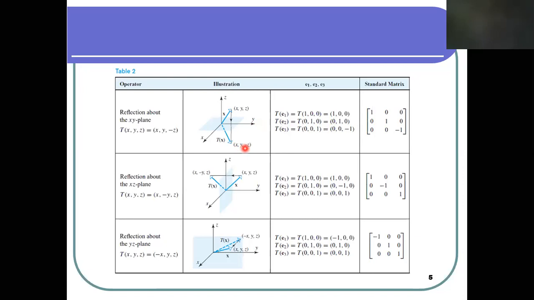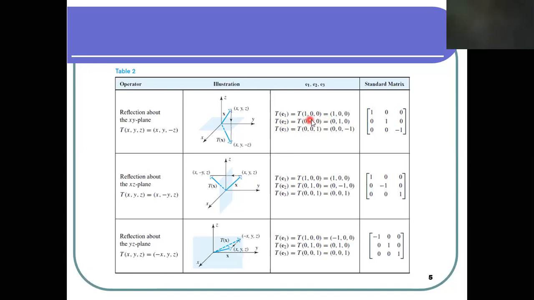In that case, we are discussing reflection in the xy plane, so our transformation T is a transformation from R3 to R3. The standard basis will be E1, E2, E3, where E1 is (1,0,0), E2 is (0,1,0), and E3 is (0,0,1).